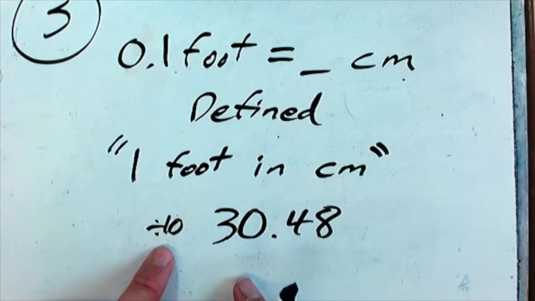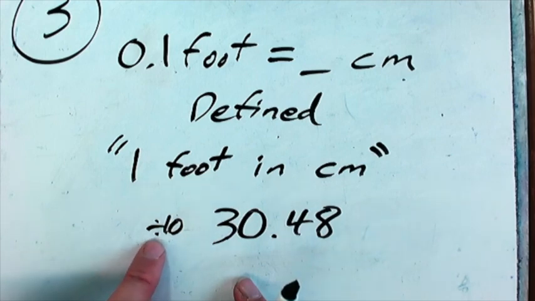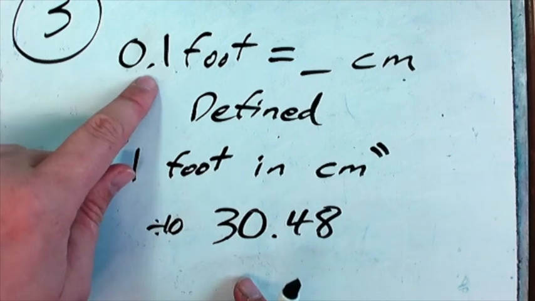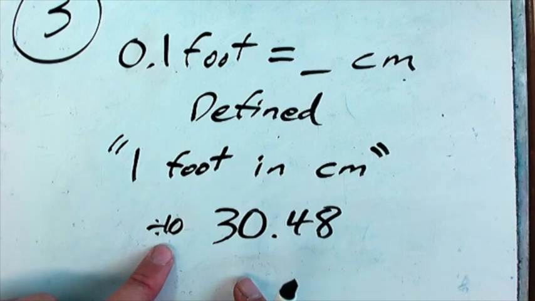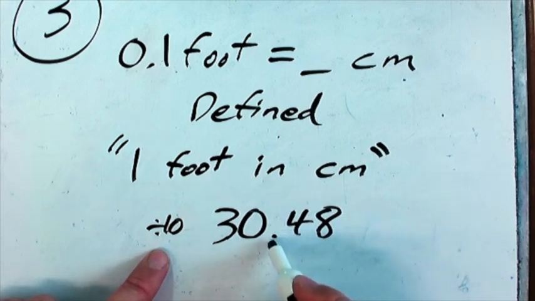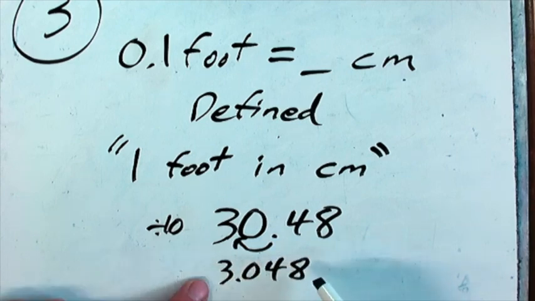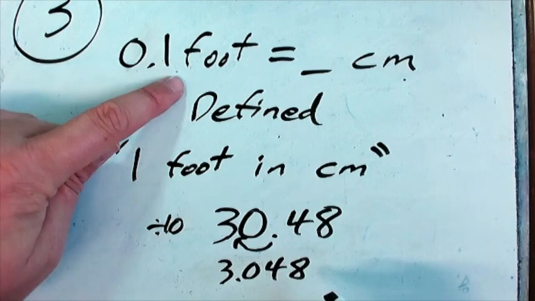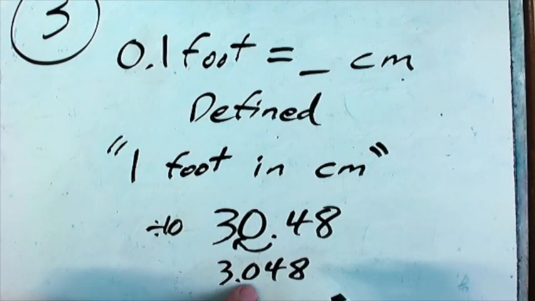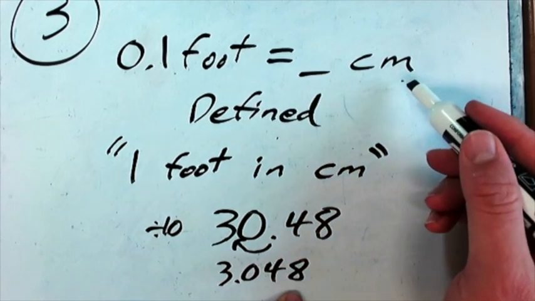So if I'm moving the decimal point 1, I'm timesing or dividing by 10. And I know that I'm making it smaller, so I have to divide by 10. So what's dividing by 10? Well, it's moving the decimal point here once. So I'm going to have 3.048 centimeters. So 0.1 foot is 3.048 centimeters.